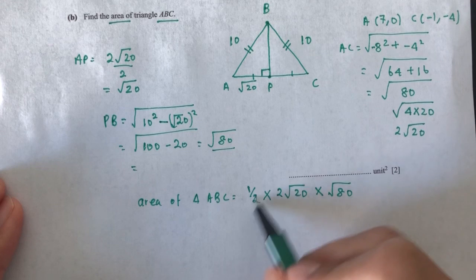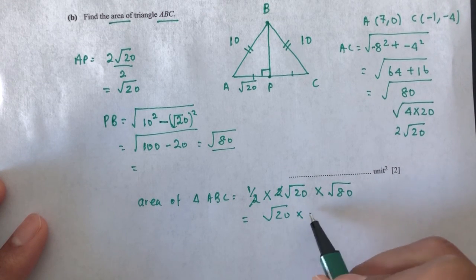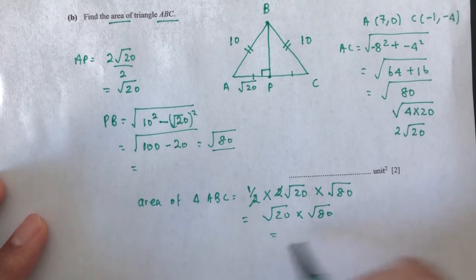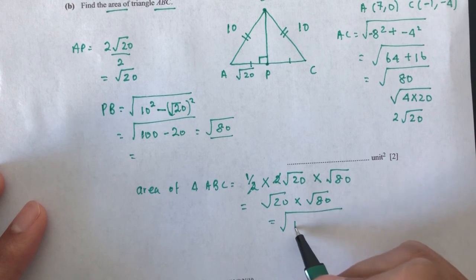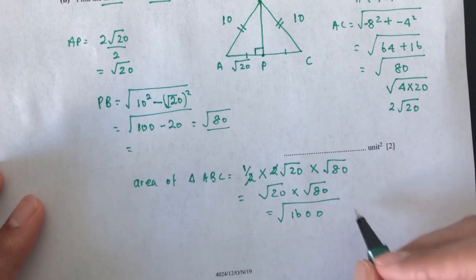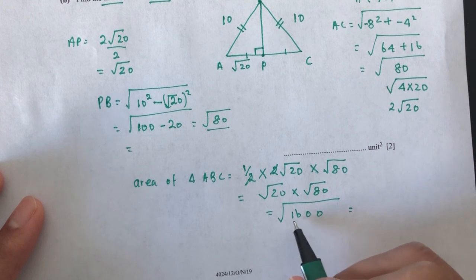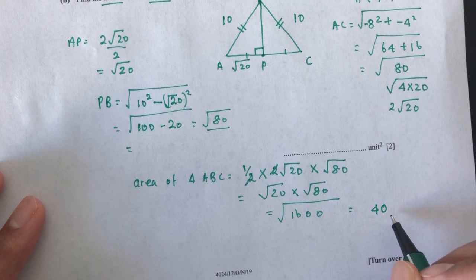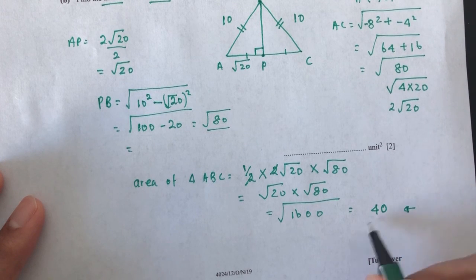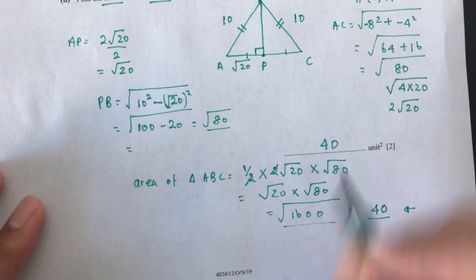So square root of 20 times square root of 80 is square root of 20 times 80, which is 1600, which is equal to 40. 40 times 40 is 1600. So the area will be 40 units squared.